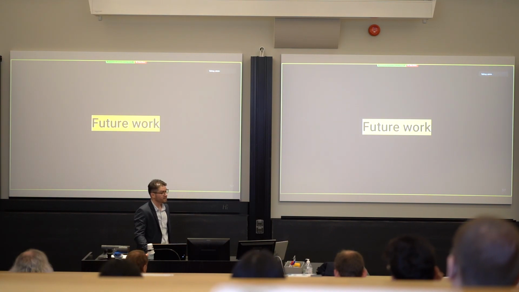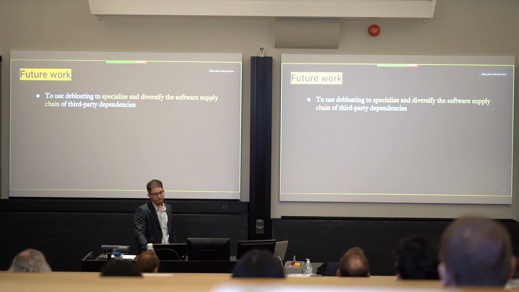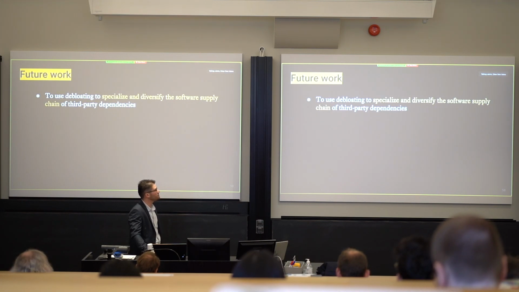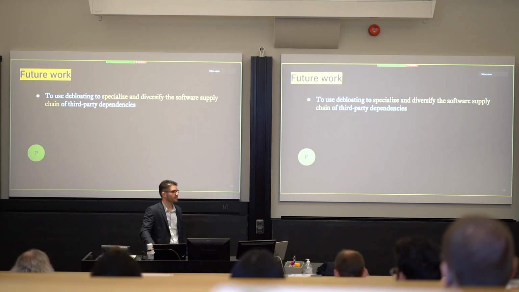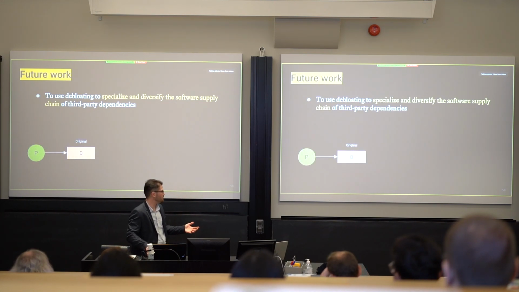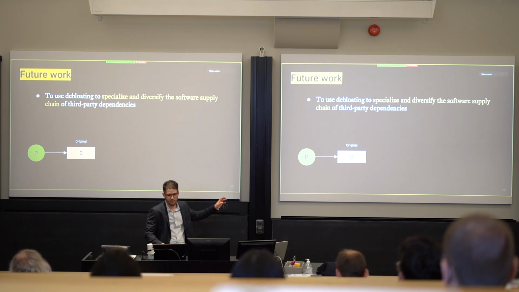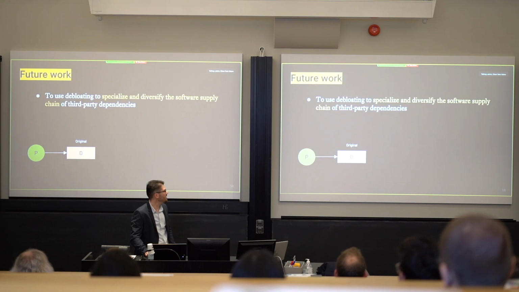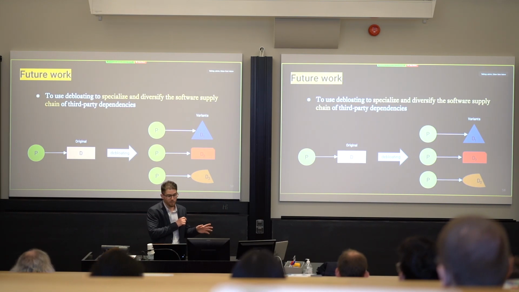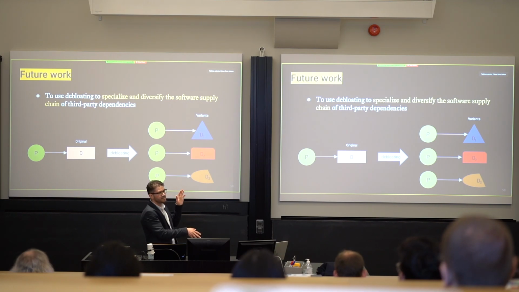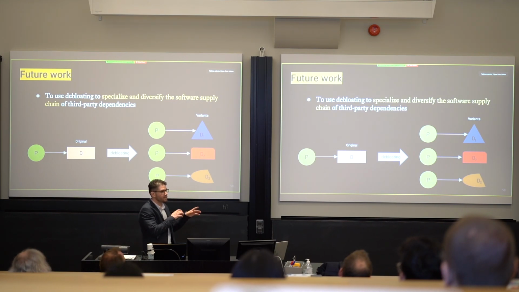And for the future work, we believe that it's a good idea to use debloating as a way to specialize and diversify the software supply chain of artifacts. For example, let's say that you have a project which has a dependency, in this case, dependency D, and then through debloating we can have multiple variants of this dependency D. For example, let's say that you have 3 variants, 1, 2, and 3, and then you can, at runtime, switch between these variants.